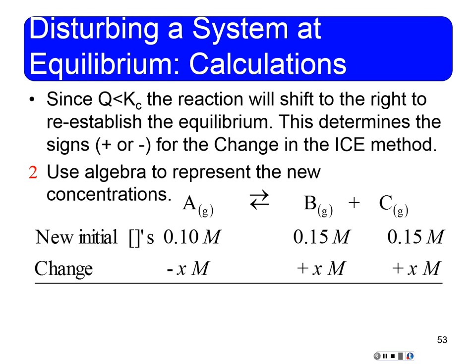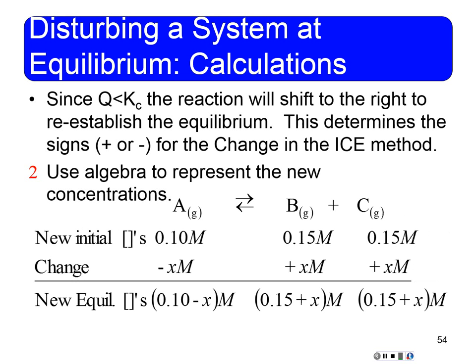So if you take these, 0.15 plus X, 0.15 plus X, and 0.10 minus X, that's what we get. We can't stop here because we need to find out what X is, right? Is everybody with me so far?